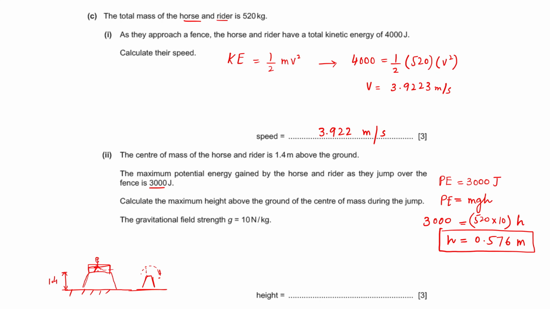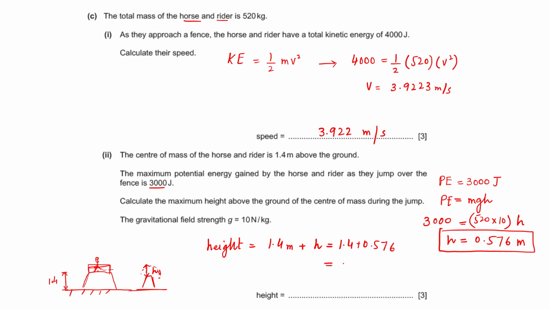the block. So actually what is happening to the center of mass? So center of mass is already 1.4 meters high, and then when the horse jumps, this basically center of mass also moves up by the height. So the overall, you can say the height required, height is 1.4 meters plus the height h, and that is 1.4 plus 0.576.